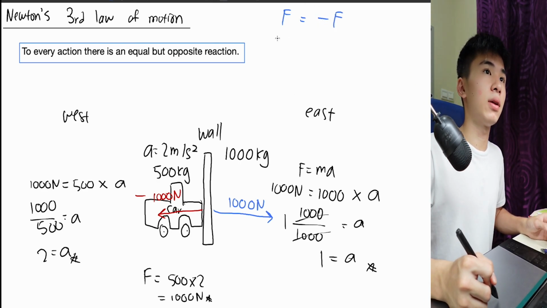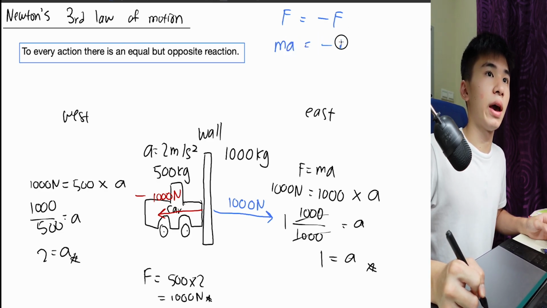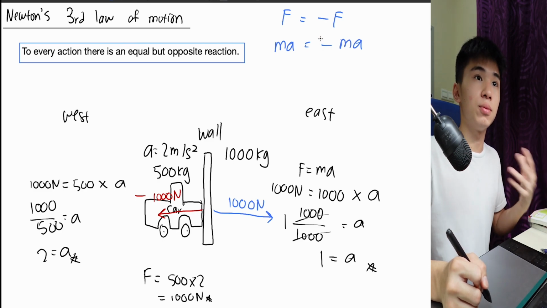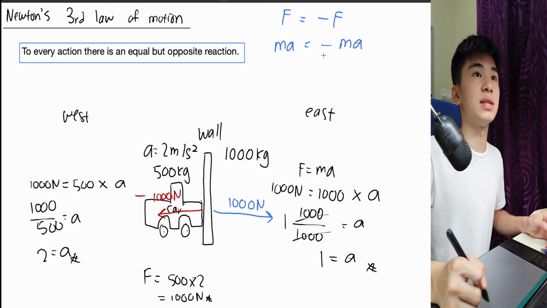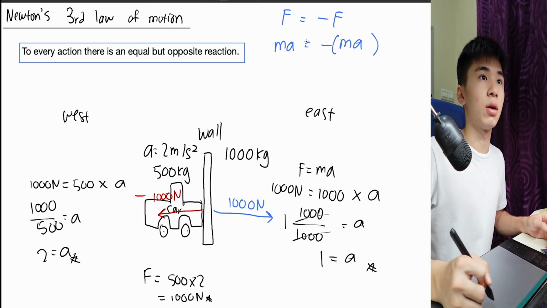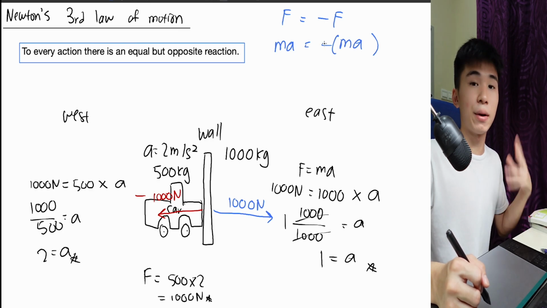So when we compare F equals ma and this negative ma, the magnitude is going to be the same. We are not going to focus on this negative sign. We're just going to focus on this ma because they are equal in magnitude. The negative is just that the direction is different.